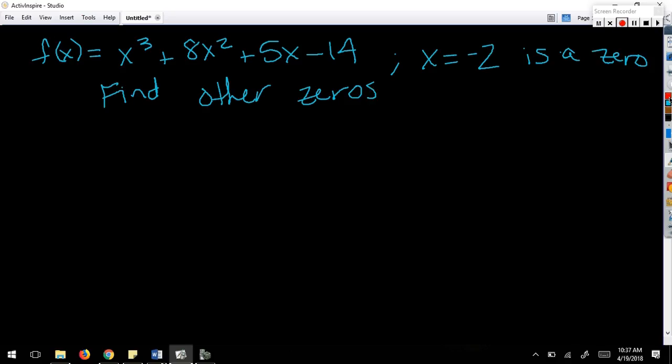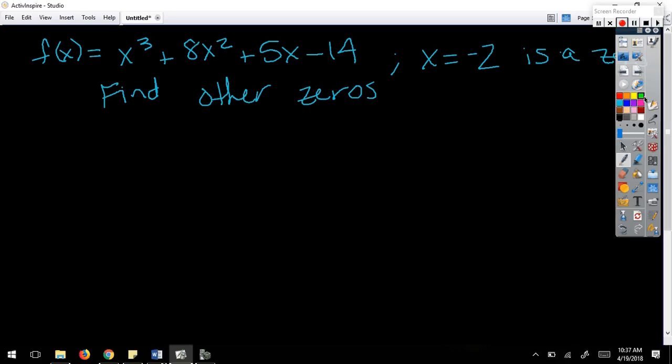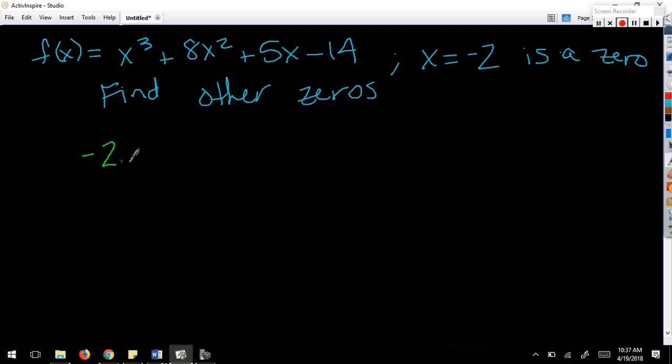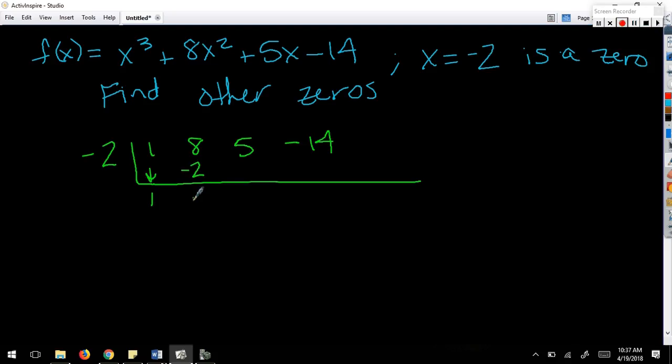You have to find a factor. What goes on the outside? -2. So the factor is plus 2. You're absolutely right. So what are the coefficients here? 1, 8, 5, -14. Good job. Drop it. Multiply it by -2. Add it.